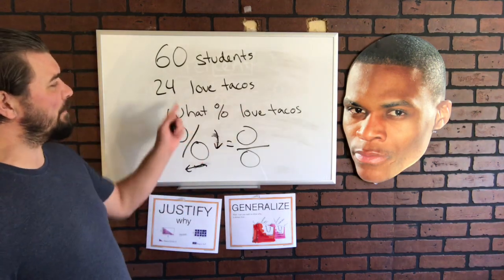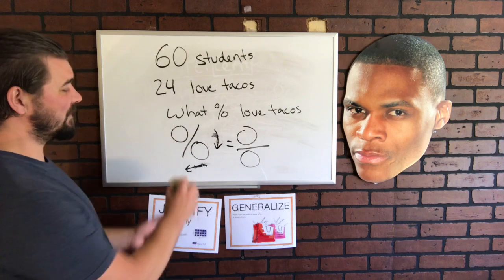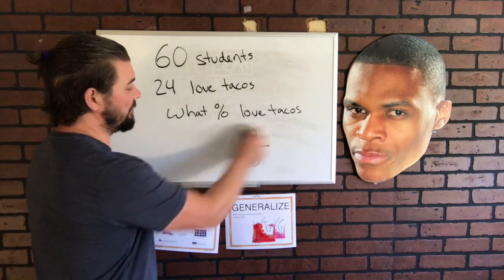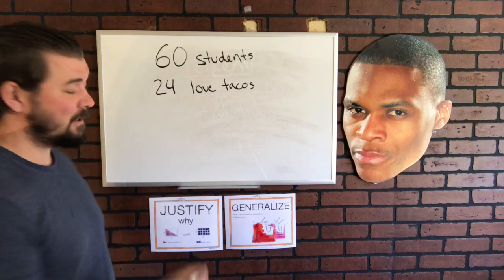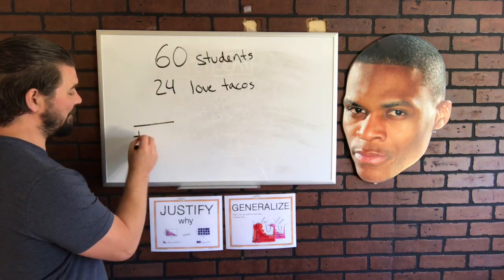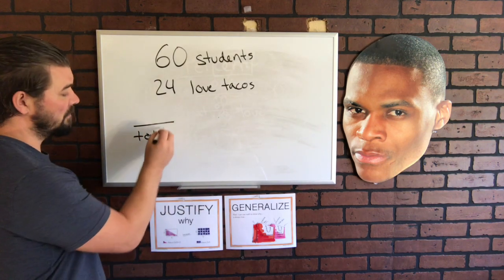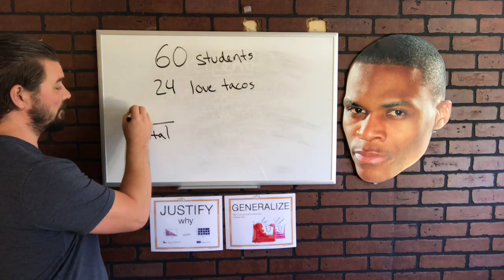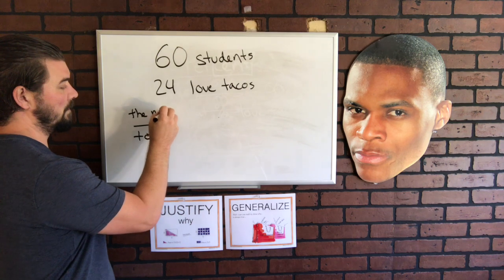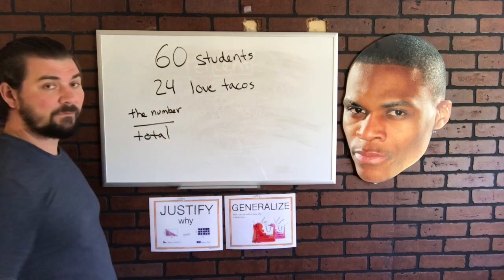So I want to know what percent love tacos. Well, the first thing I can do is I can rewrite this problem as a fraction. On the bottom, I'm going to write the total, and on the top, I'm going to write the number that I'm thinking of.